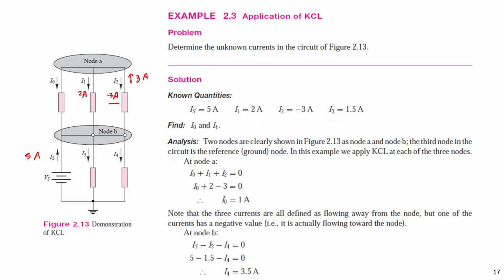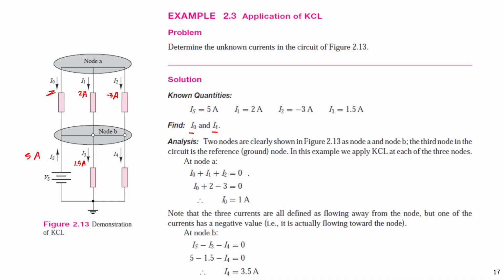And I3 is 1.5 amp. So how much for I0 and I4? Simple, right? Then I0 plus I1 plus I2 should be 0.